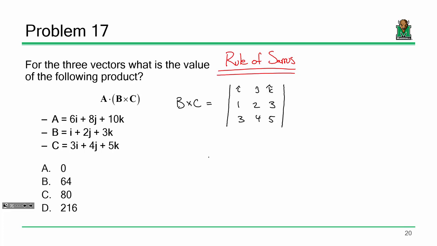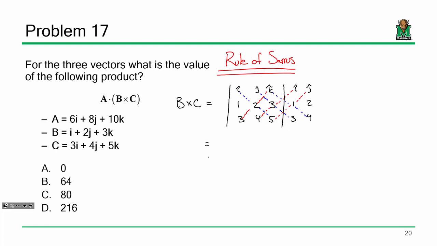And then the rule of Sarrus states that in order to take that determinant, we take those two and write them over, right? Then you take all your products going this way minus all of your products going this way. Remember that? Been a while, hadn't it?